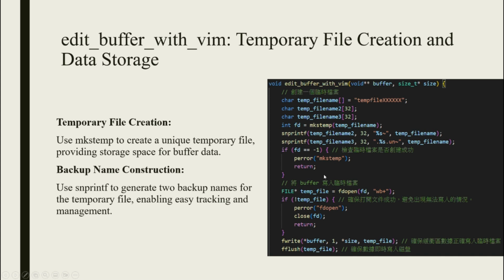Check whether the temporary file was created successfully, and ensure the file is opened successfully to avoid the issue where data cannot be written. And finally, ensure the buffer data is correctly written to the temporary file and immediately flushed to disk.